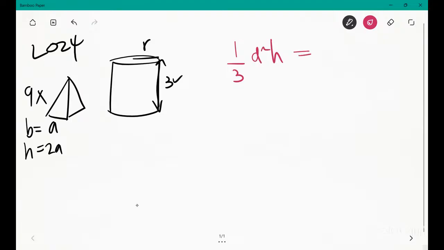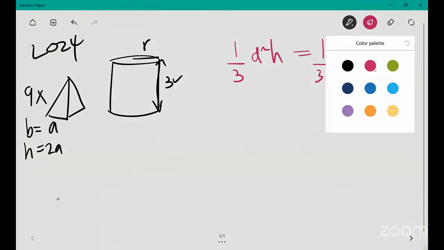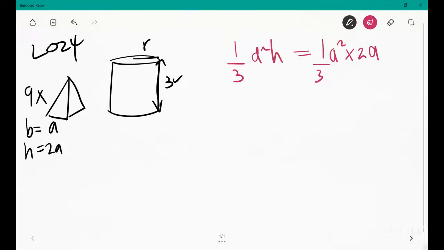We have the base here as A, so that's fine. 1/3 A squared, but here the height is 2A, so into 2A. You can simplify this and write it as 2A into A squared, that is 2A cubed over 3.